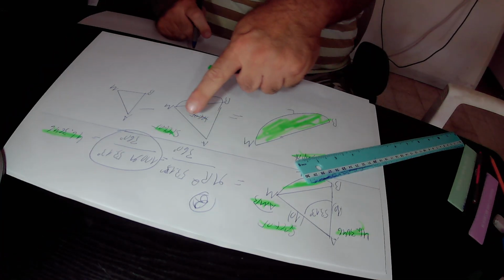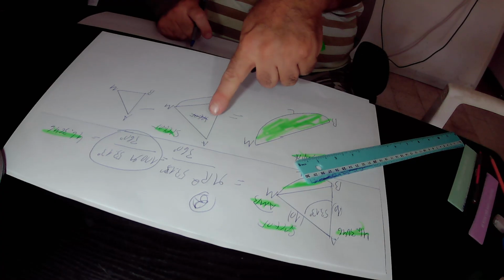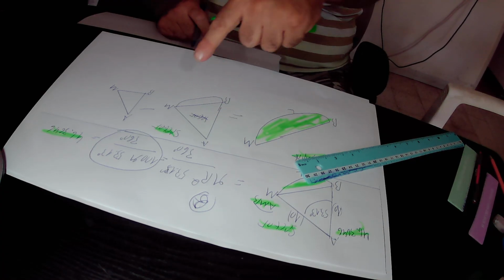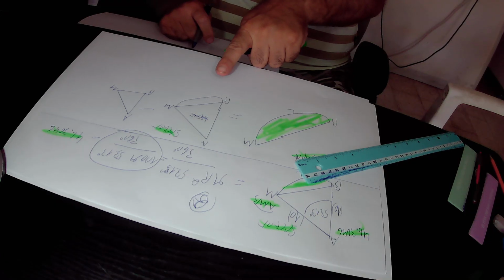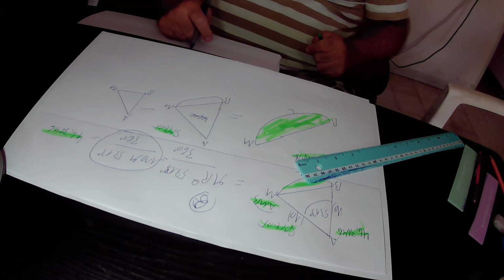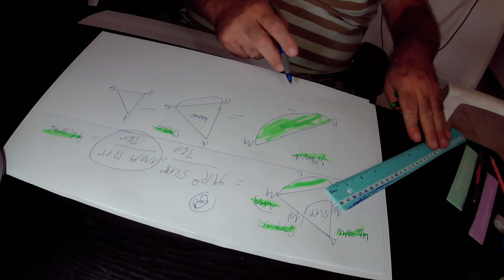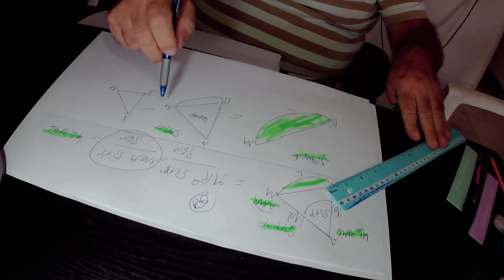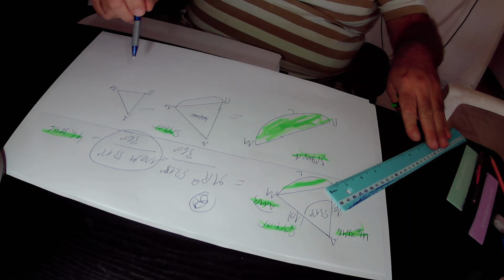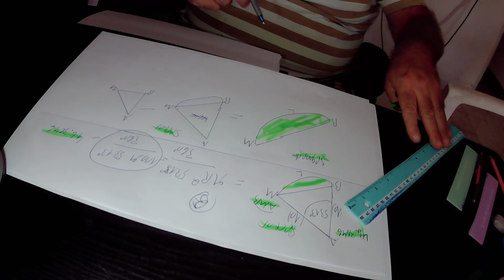If you remove triangle ABM from this sector ABM, we get exactly the lower segment BLM.